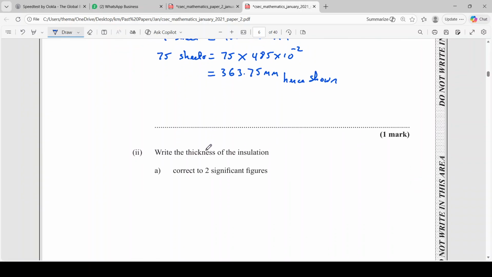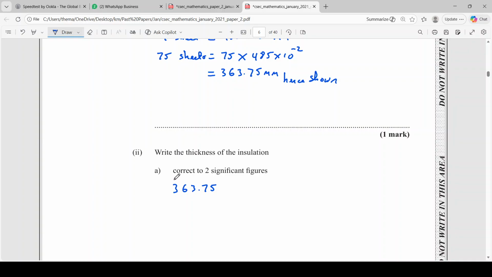Okay, write the thickness of the insulation correct to two significant figures. Right, 363.75. I went through significant figures in the last paper, right? So let me just do this one now. 363.75 to two significant figures.